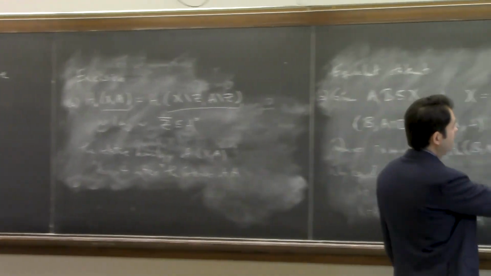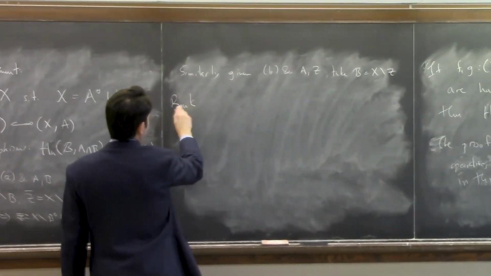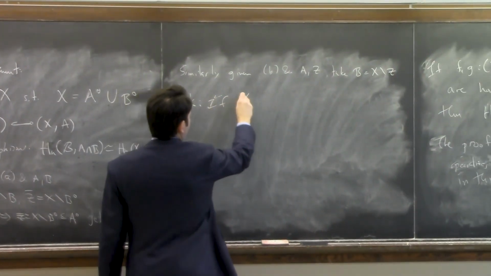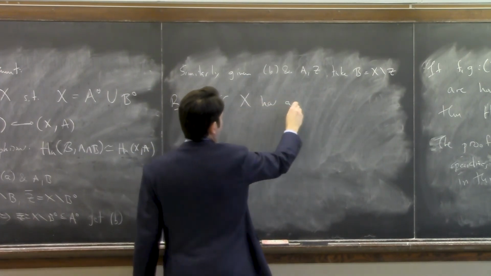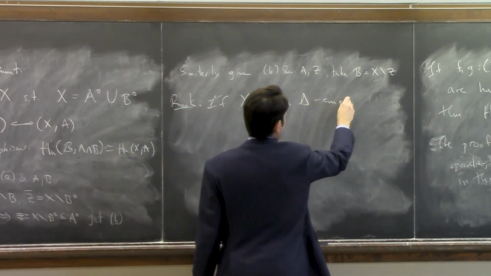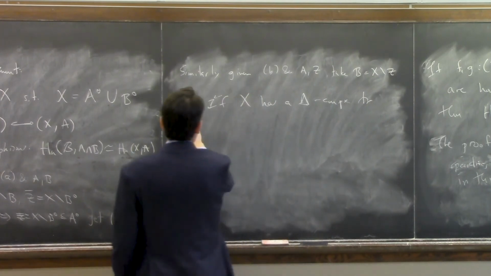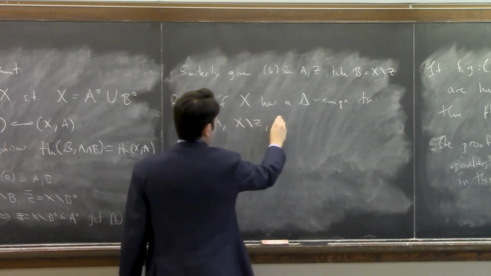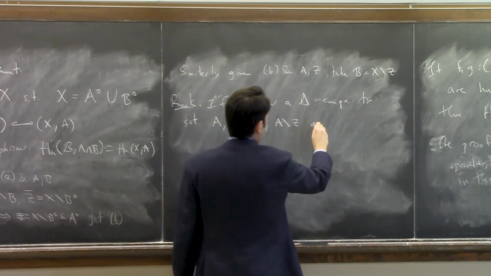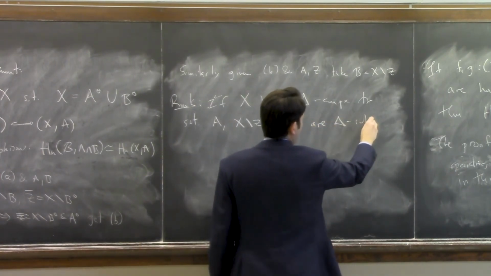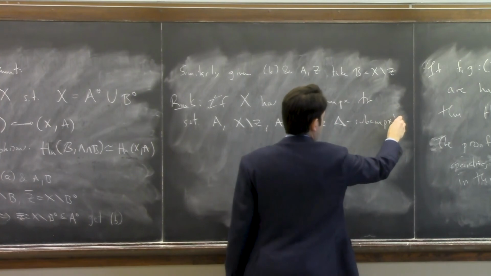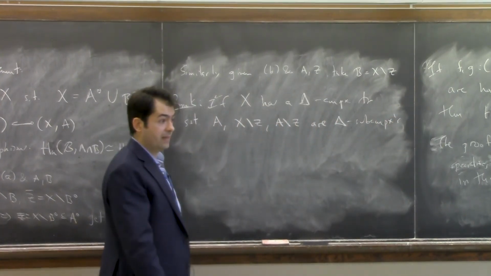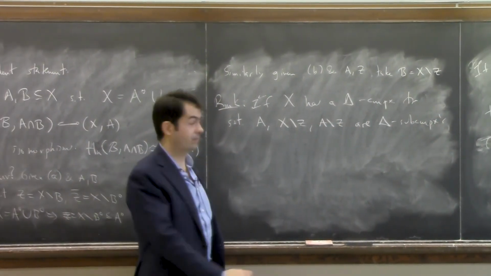So let's just make this a remark. If X has a delta complex structure such that A, X minus Z, and A minus Z are delta subcomplexes, then the proof is really easy.